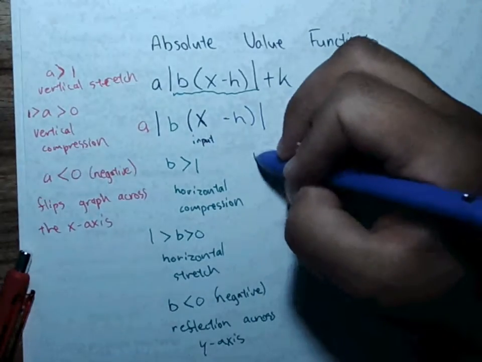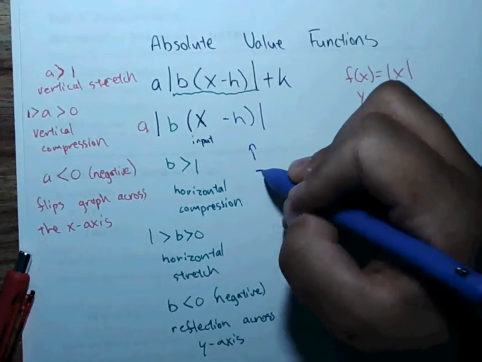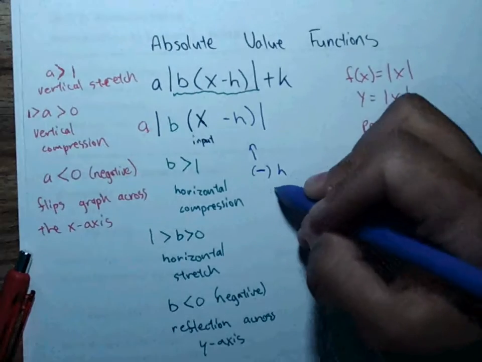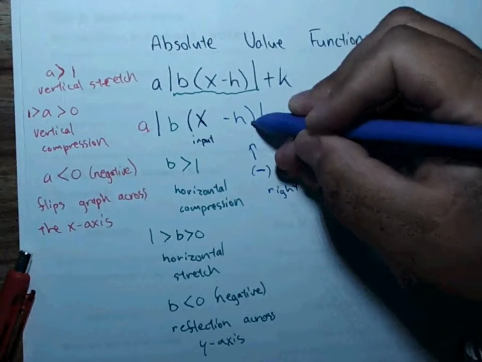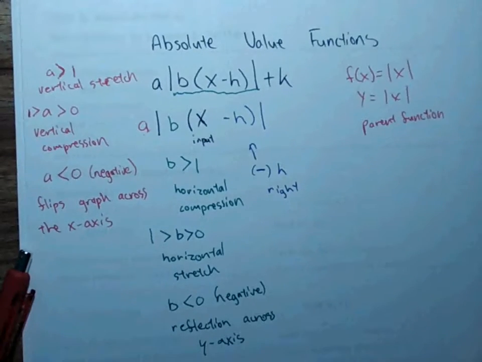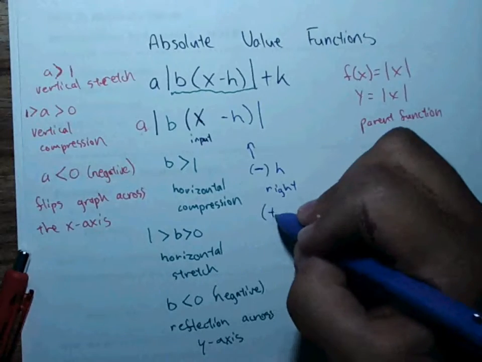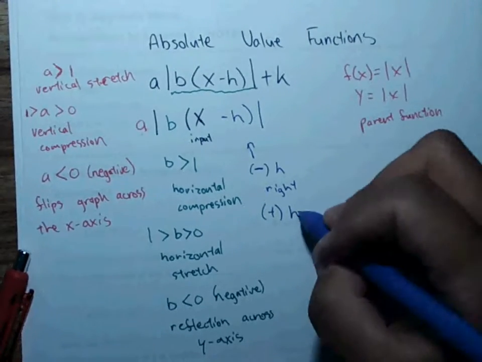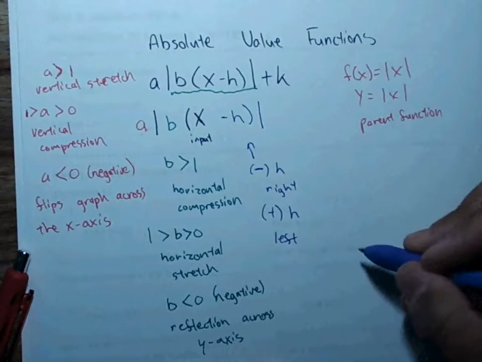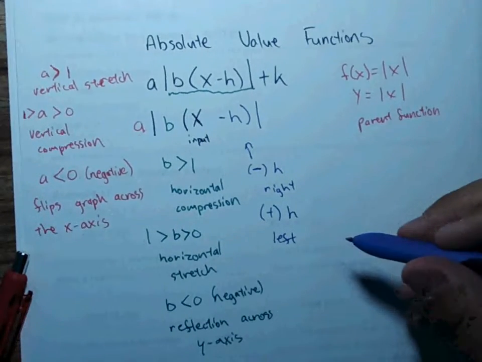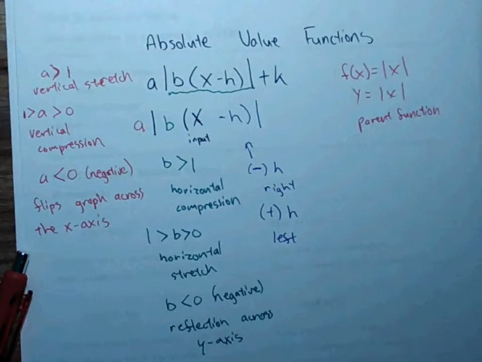If your h is a minus h, then it's actually going to move to the right based on the number for h. So if h is 2, and it's minus 2, it'll move 2 to the right. If h is plus, then it's actually going to move to the left based on that number. So if it's plus 2, then it's going to move to the left 2.